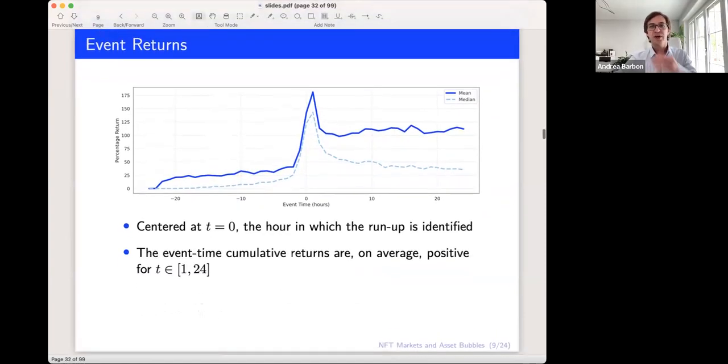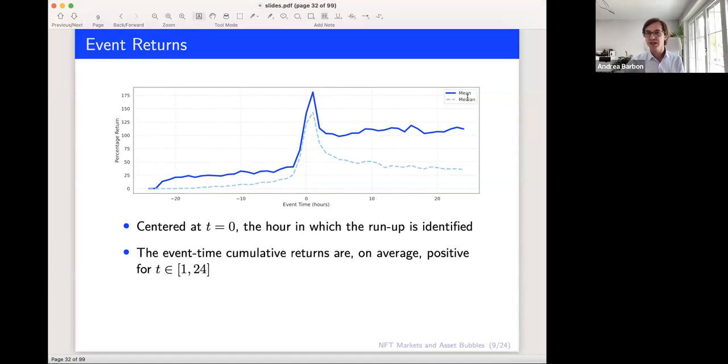Here we are plotting the average returns on this event. Of course, those are highly positive in the first 24 hours, because by definition we require a price run-up of at least plus 1%, and then we see what happens afterwards. On average, they lose some value, but the price stays at a relatively high figure.